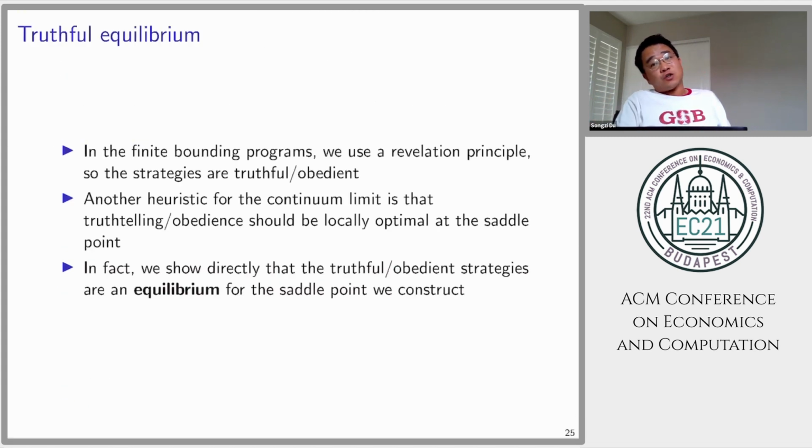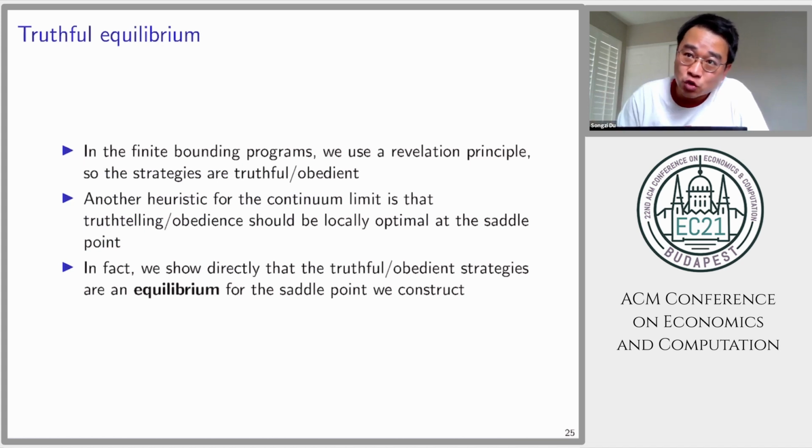Okay, and finally, in these linear programs, we have used revelation principles, right? We have used direct mechanism, and we used Bayes correlated equilibrium. Okay, so we have used two revelation principles in these bounding programs. And so if they converge to each other, intuitively, we should expect the solution, the saddle point mechanism and information structure, is such that truth telling and obedience is at least locally optimal.